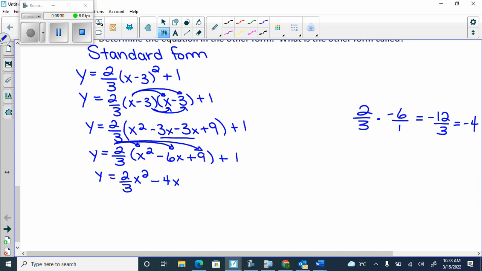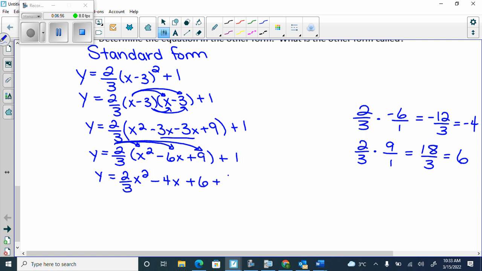Take your calculator, put it in your hand. Type in 2/3 times 9. So we get 2/3 times 9 over 1 is 18 over 3, which is, what should you all be getting in your calculator? 6.